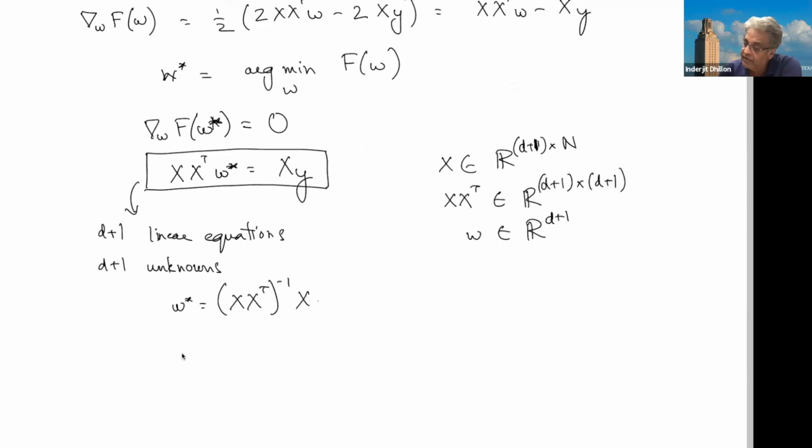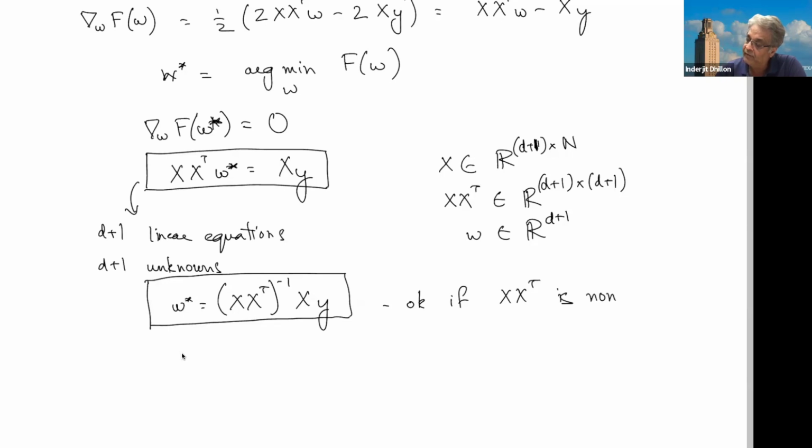And so I can write my W in closed form as XX transpose inverse times XY. And this is okay if XX transpose is invertible or non-singular, or it does not have a zero eigenvalue, and different characterizations.